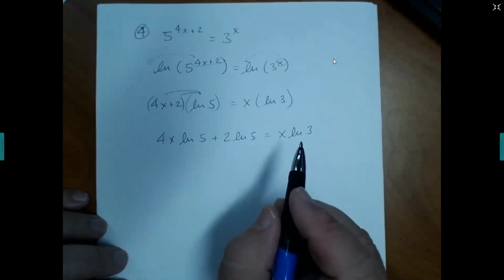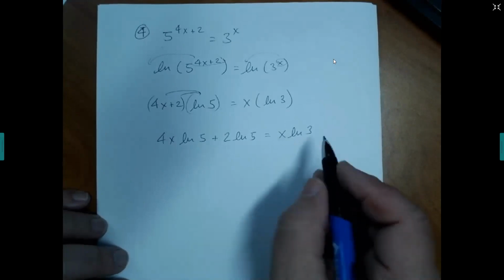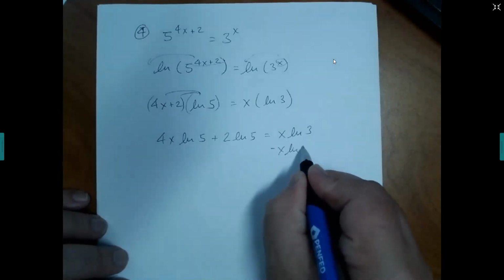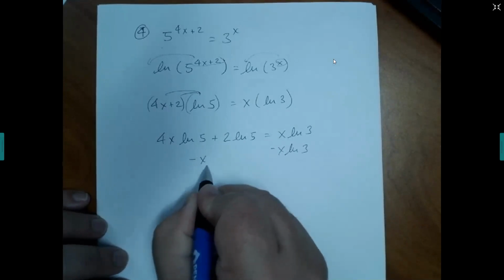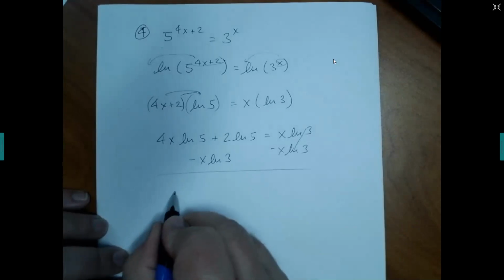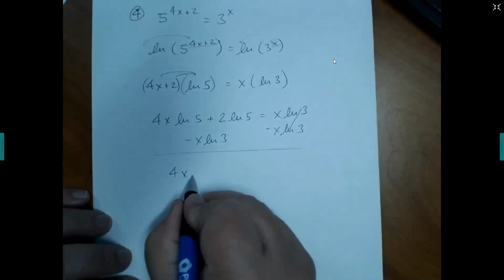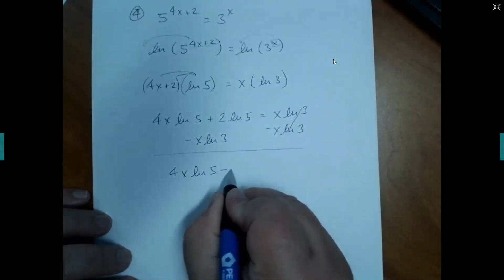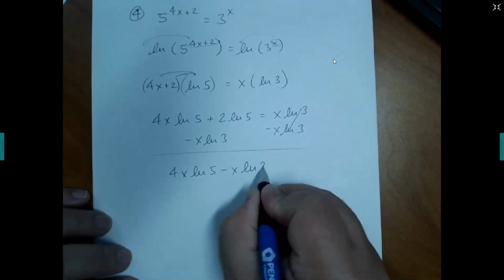Move all the x's to one side. Move this one over. So we have 4x ln 5 minus x ln 3.